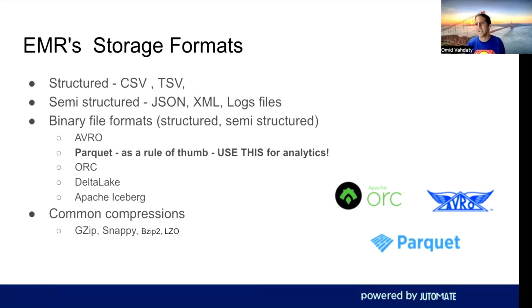So they can all read and write CSV, TSV, JSON, XML, logs, but they specialize in Avro, Parquet, or Delta Lake, and Apache Iceberg, which keeps growing and keeps being improved. For example, Delta Lake and Iceberg are developments of the last few years.